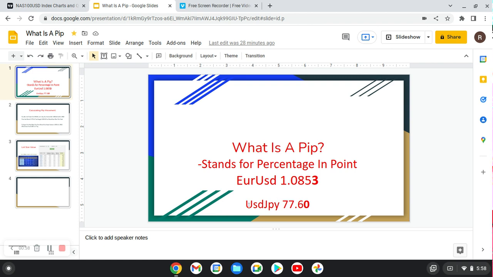That's why I have an example down here, USD JPY. The pip is located on the second one past the decimal. So very easy to remember. Regular currency pairs, the pip is the fourth one past the decimal, and Japanese yen pairs, the pip is the second one past the decimal.